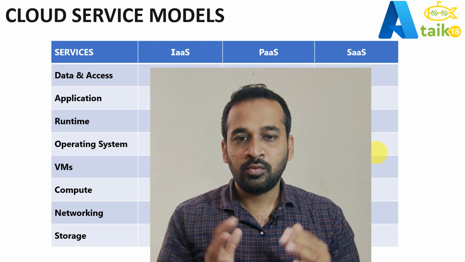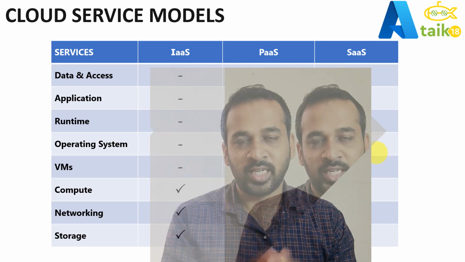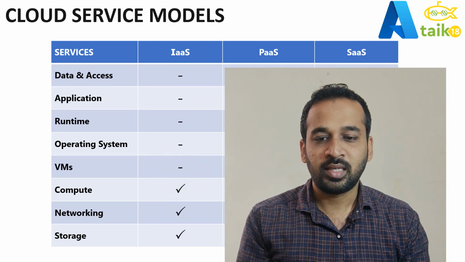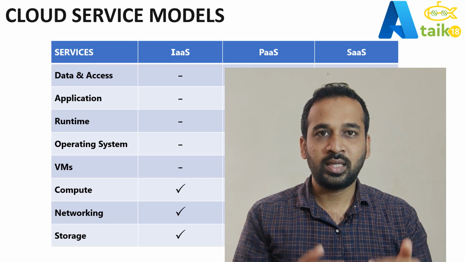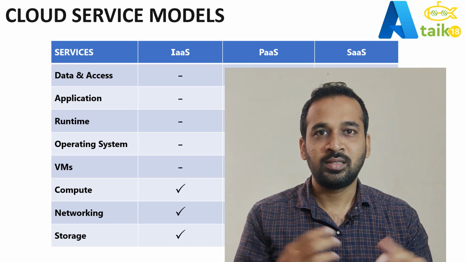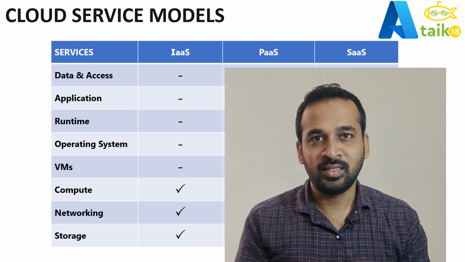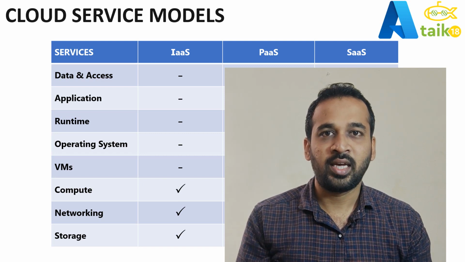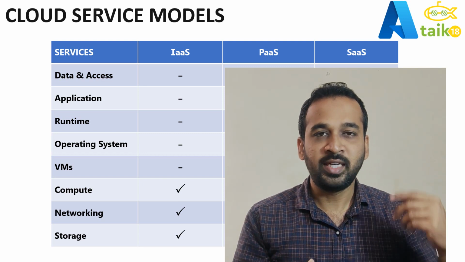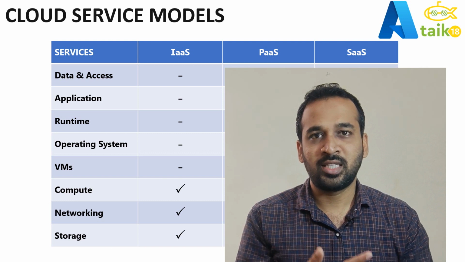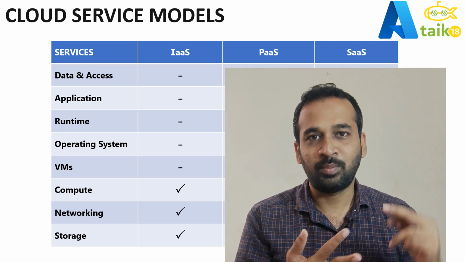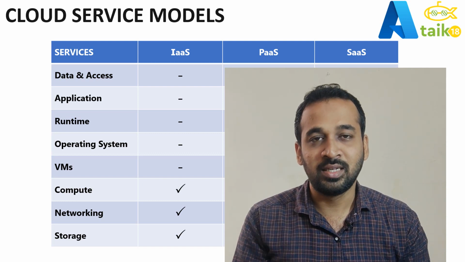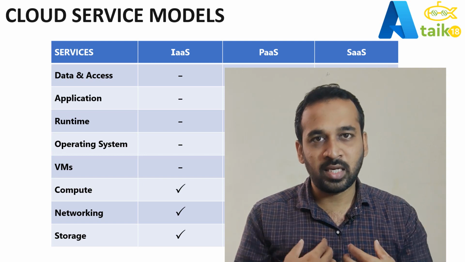When it comes to IaaS, infrastructure as a service, the storage, networking and compute, meaning the land, the road and electricity, they can provide. After that we need virtual machines to run our systems, then we need an operating system, applications to run, and data and access. Everything has to be taken care of by ourselves.